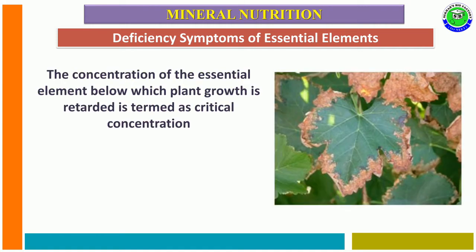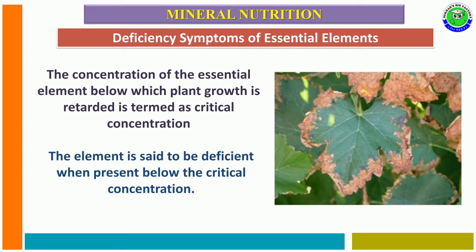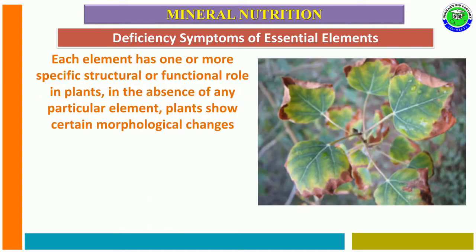The concentration of an essential element below which plant growth is retarded is termed the critical concentration, and the element is said to be deficient when its concentration is below the critical concentration.